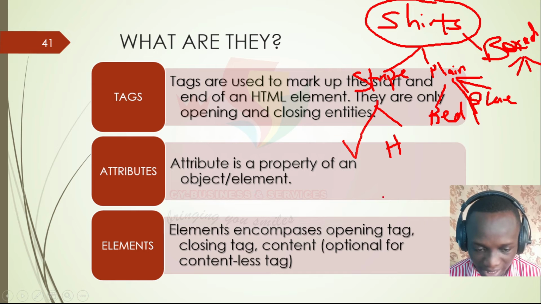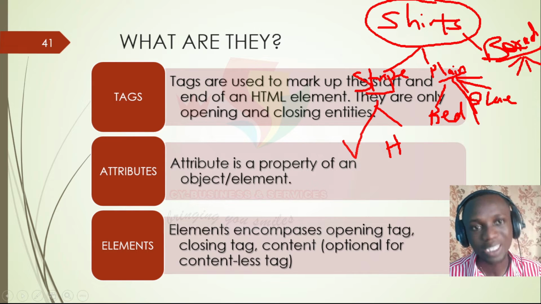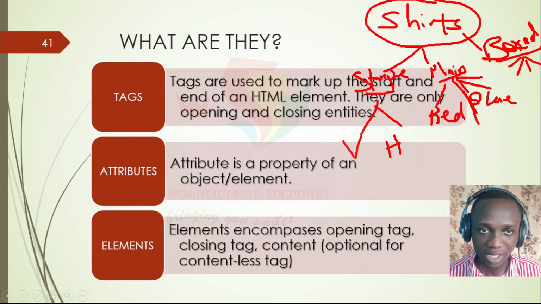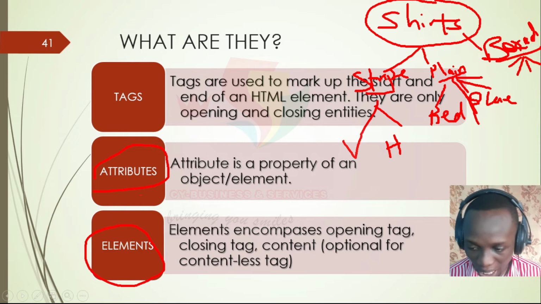And then inside of this element we have different attributes, or different properties, or let me say different features of whatever thing that we have, all talking about the same object. So all of these properties are what in HTML we call attributes, and they all talk about the element. So understand this.